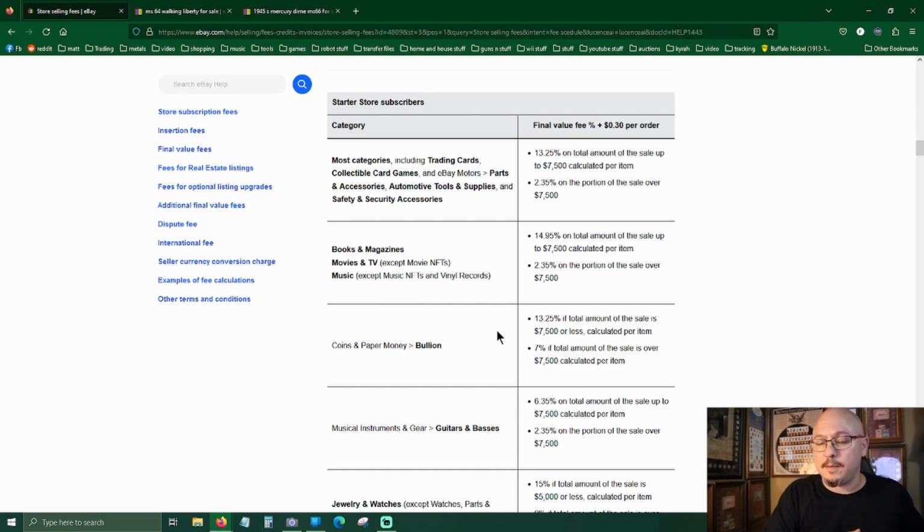Eventually they caught on, and their only solution was to charge you that percentage on the entire sale, shipping and all. So whether you charge for shipping or include the price of shipping in the price of the item and offer free shipping, either way you list it, you are going to pay the same percentage on that sale. 13.25%.